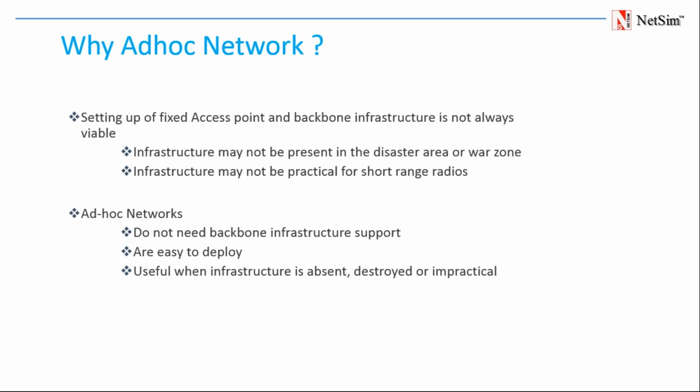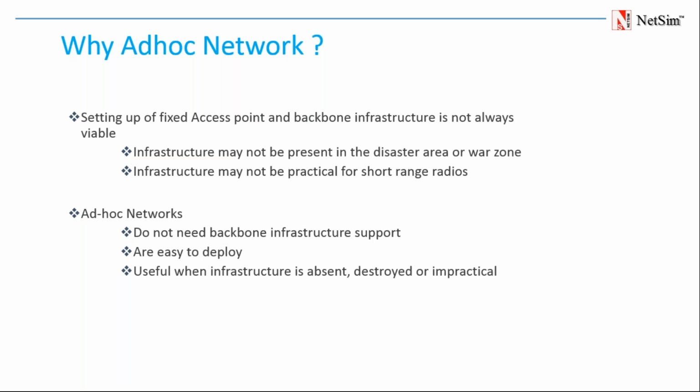So why do we use an ad hoc network? Setting up a fixed access point and backbone infrastructure is not always required. Infrastructure may not be present in a disaster area or war zone, and infrastructure may not be practical for short range radios.